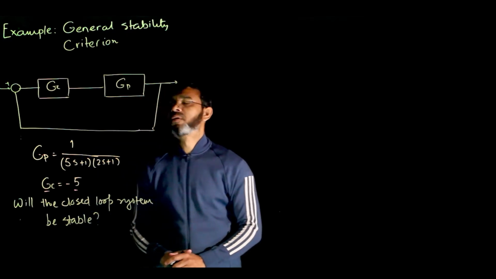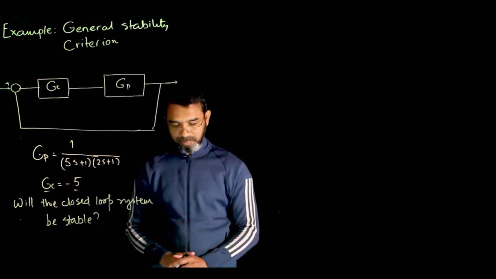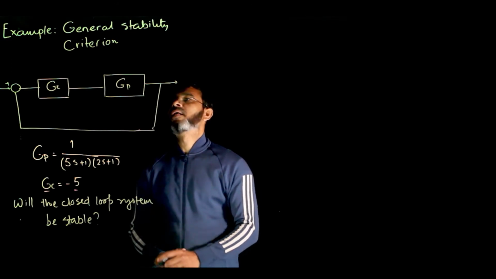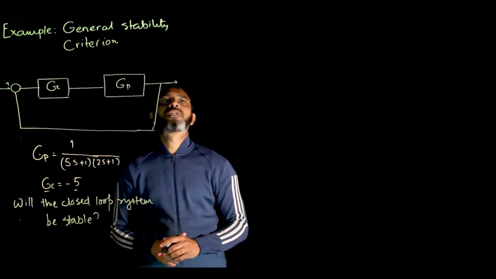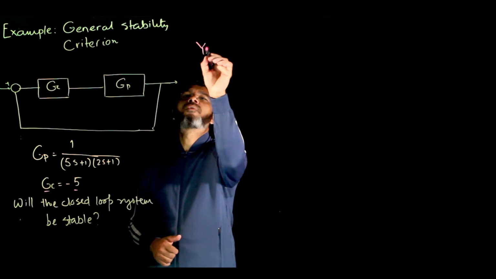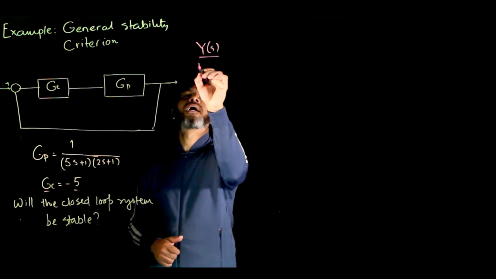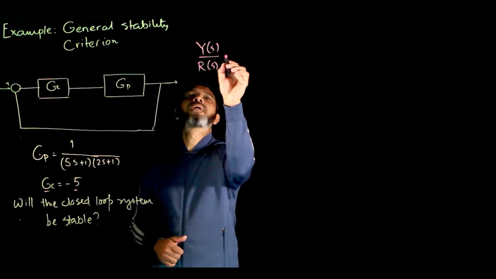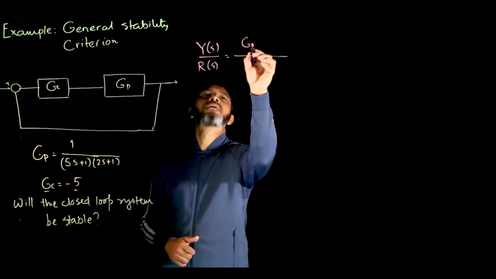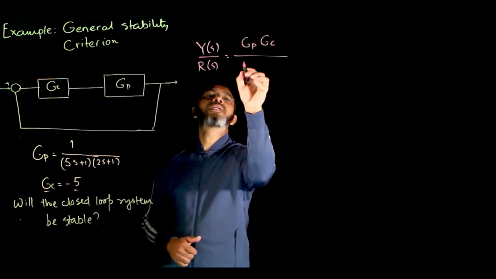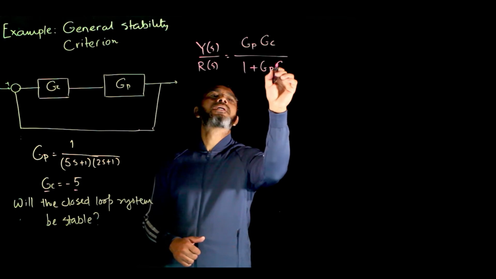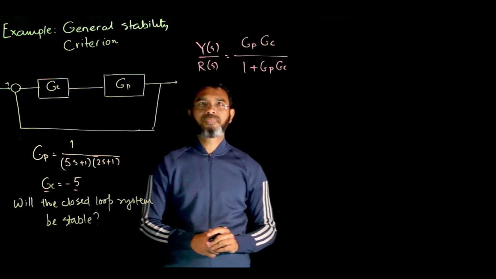Now for this case, we find out the closed loop transfer function first. If I write it Y(s) over R(s), we know that it simply becomes GpGc over 1 plus GpGc.